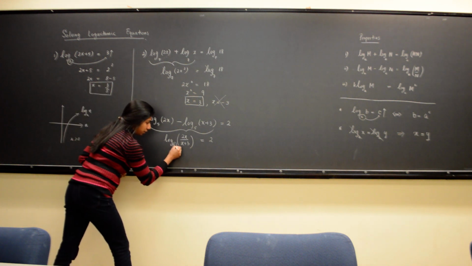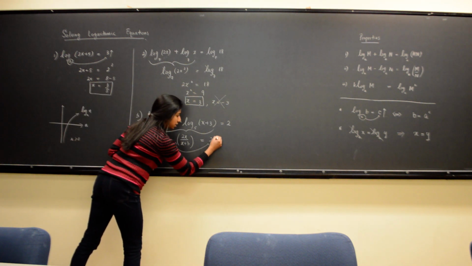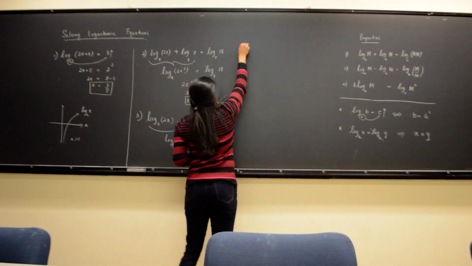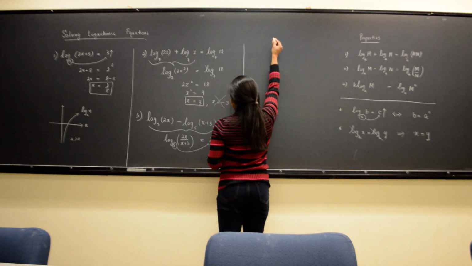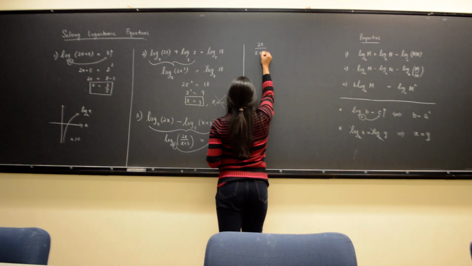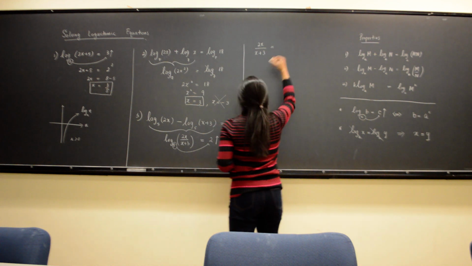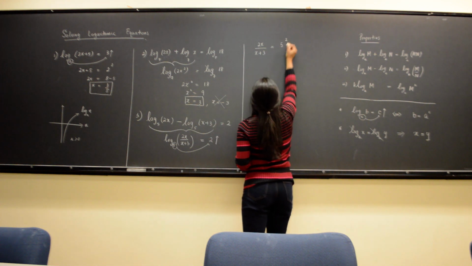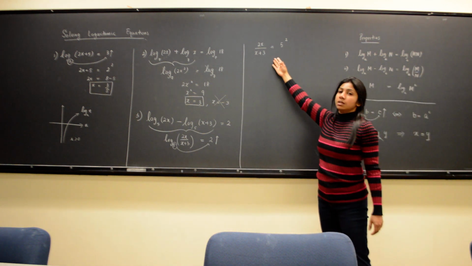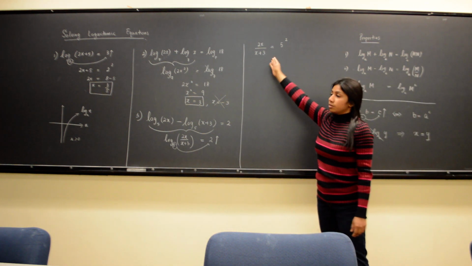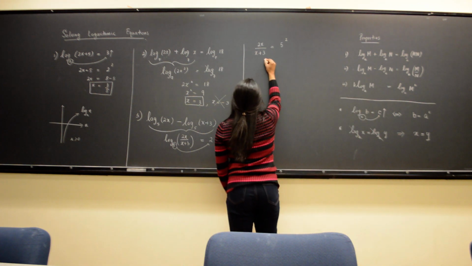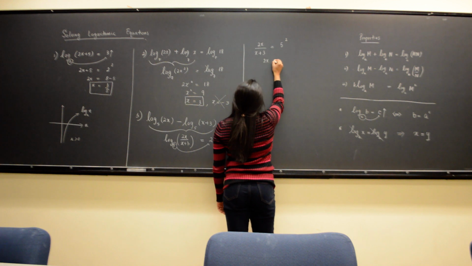We have 5, take it to the other side, raise it to this power. So what will we get? We have 2x over x plus 3 equal to 5 squared. So now we can see we have a very simple expression in x, no more log terms, so we can solve it. Alright, let's see what we will get.